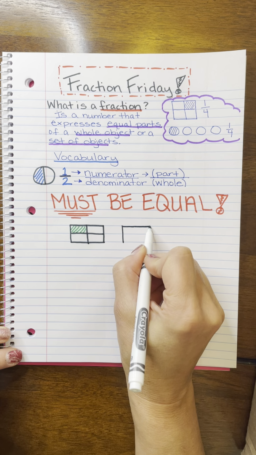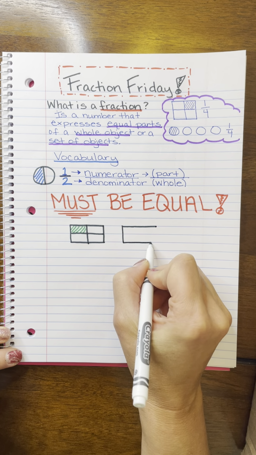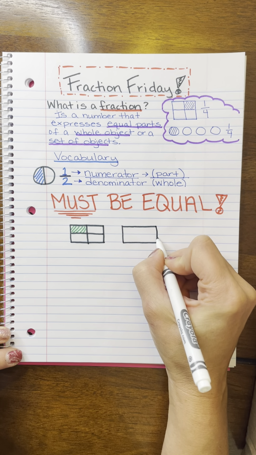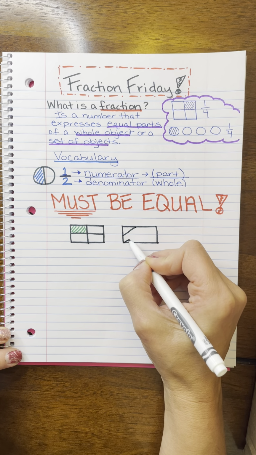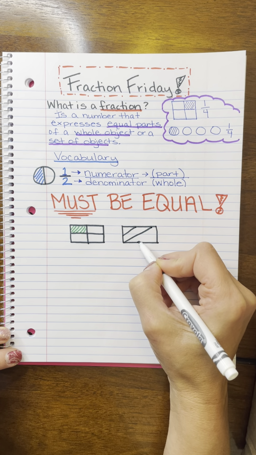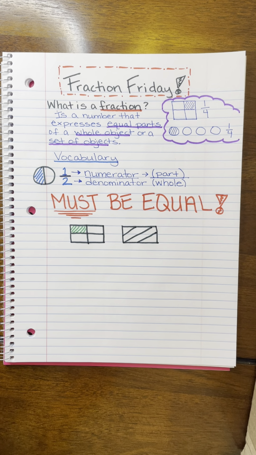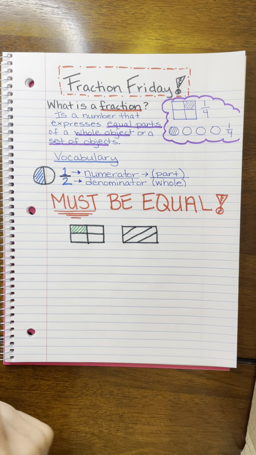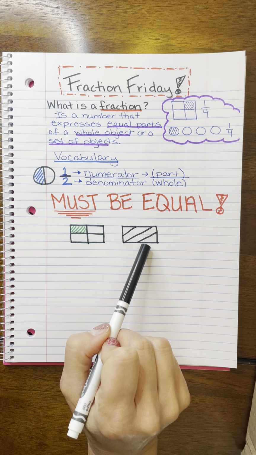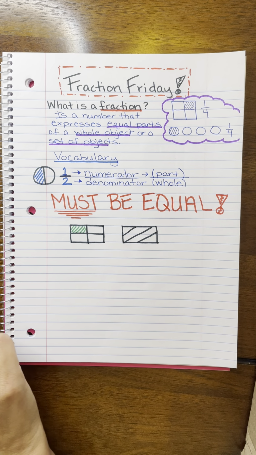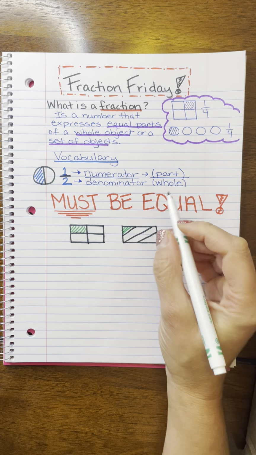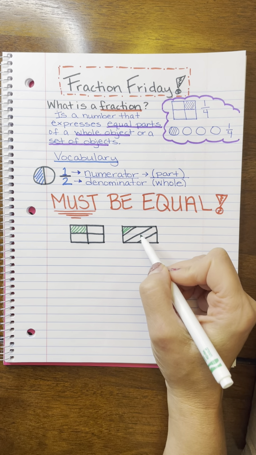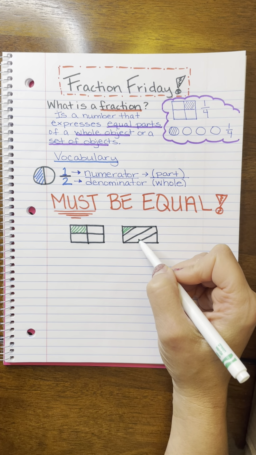So I'm going to try and draw one the same size over here. And I'm also going to cut it into 4 pieces. Okay, now what do you notice about this one? Right, so if you notice, this little piece here is nowhere close to the size of the other pieces.